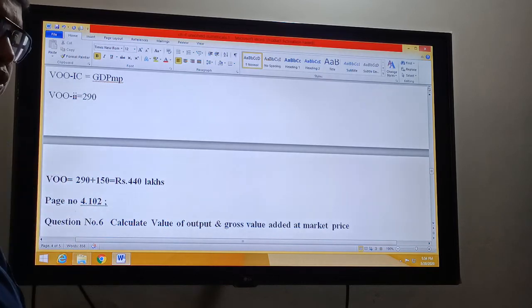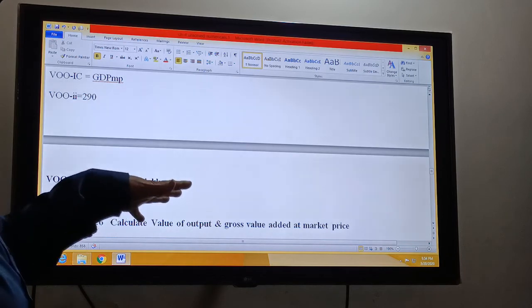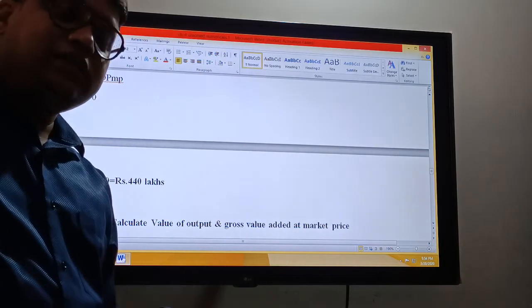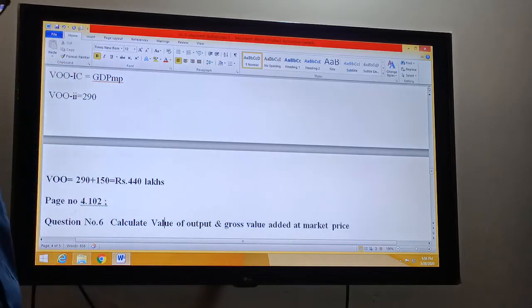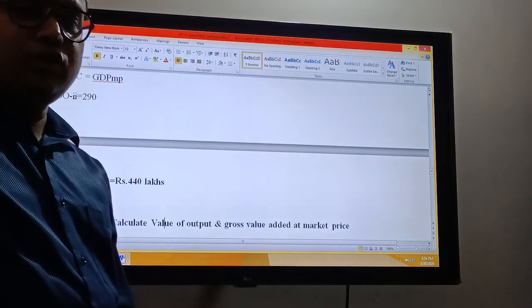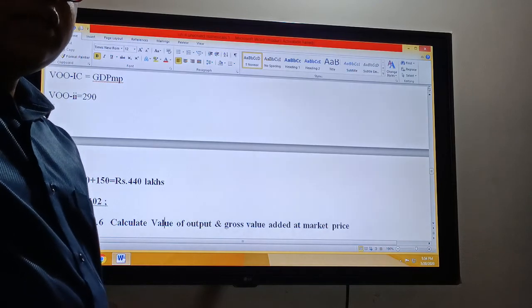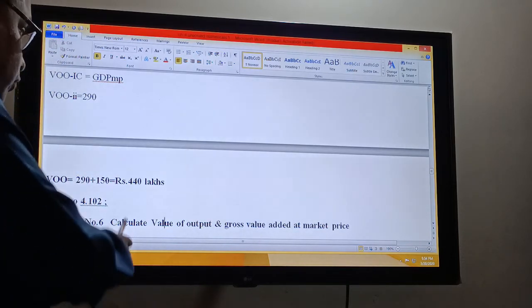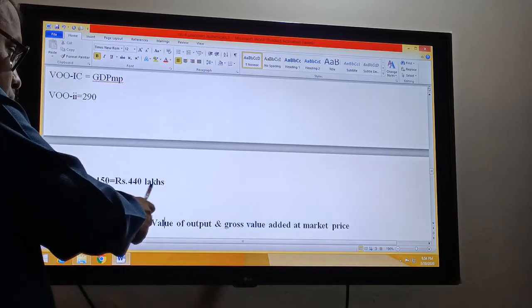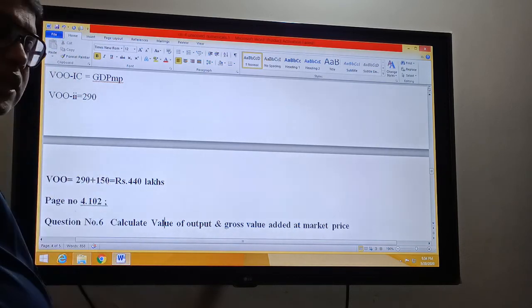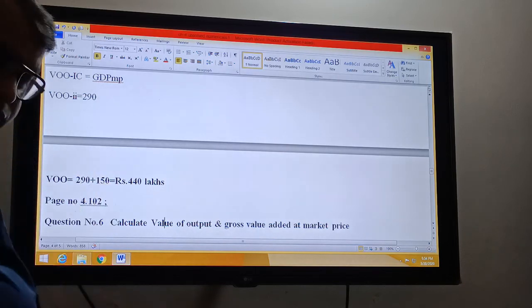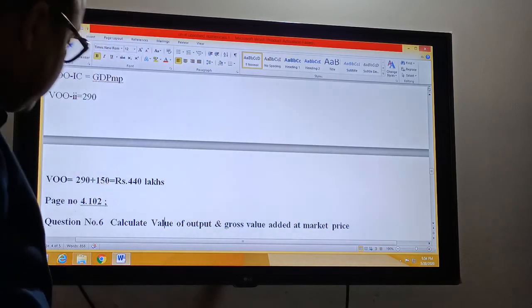Value of output is equal to rupees 440 lakhs. In this question the unit is given in lakhs, so please focus. Every time you can't take it for granted that it is in crore, it may be given in lakhs. In some questions it is in crore, in some questions they may give in lakhs to confuse you, so please focus on this. So your final answer is rupees 440 lakhs. This was your question number 5.